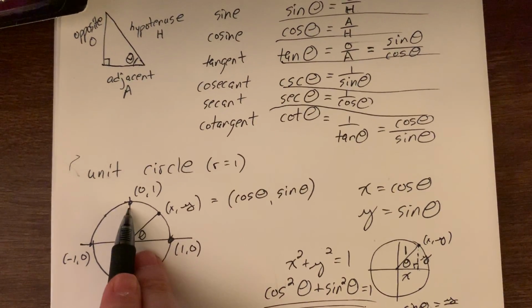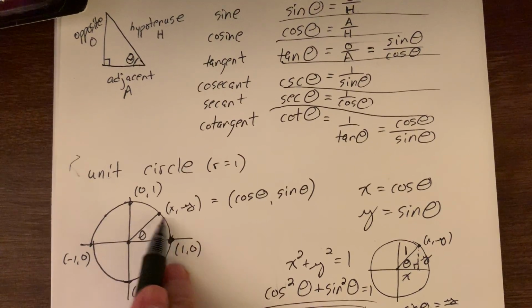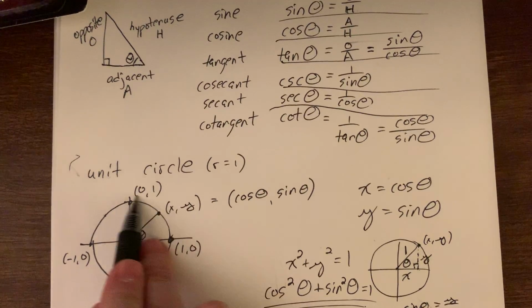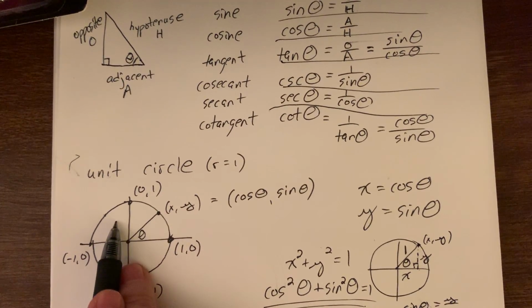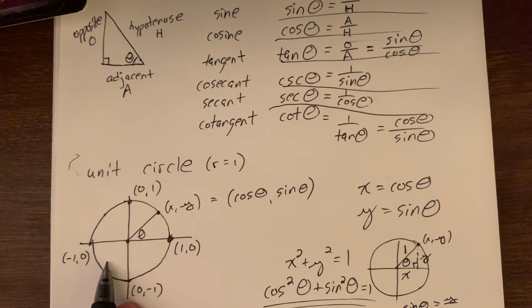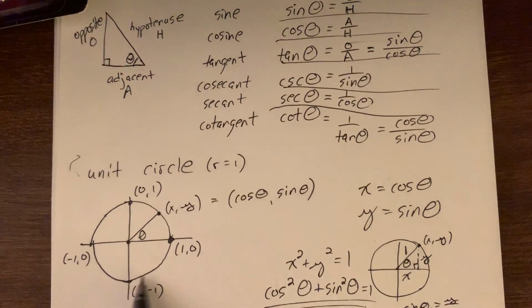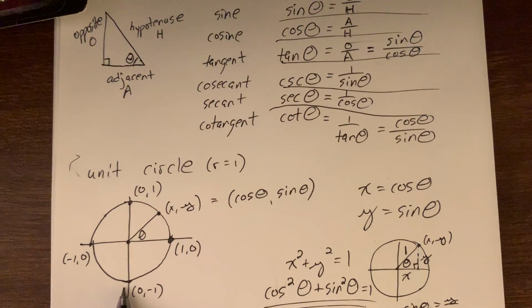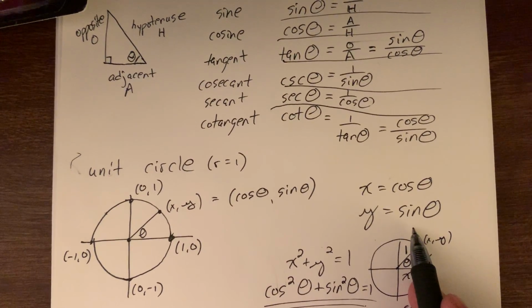Anytime I'm above the origin, so anytime I'm in quadrants 1 or 2, all of these y's would be positive, so sine would be positive in these two quadrants. But anytime I'm in quadrants 3 or 4, now my y values down here would all be negative. I'd be going down from the origin, so all these would have negative y's, and then sine would be negative.